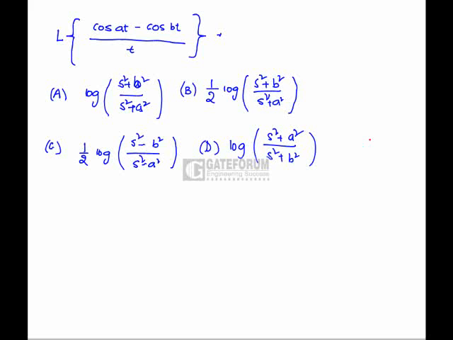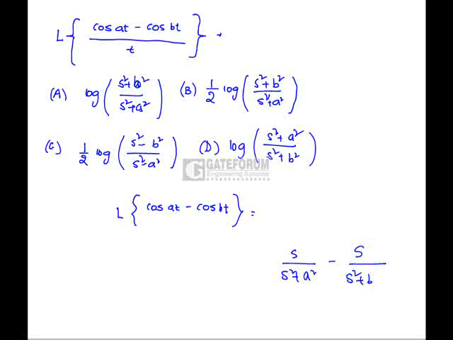The Laplace transform of (cos at minus cos bt) by t is, first of all, the Laplace transform of cos at minus cos bt, which equals s by (s square plus a square) minus s by (s square plus b square).